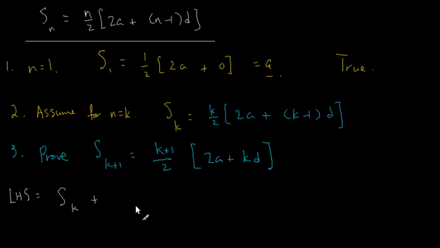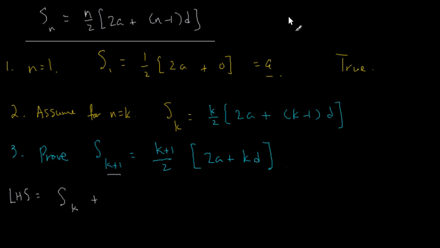And what would that term be? Well, that term would be the k plus 1 term. I've summed up the k terms, and if I add the next term, I'll get the sum to k plus 1.